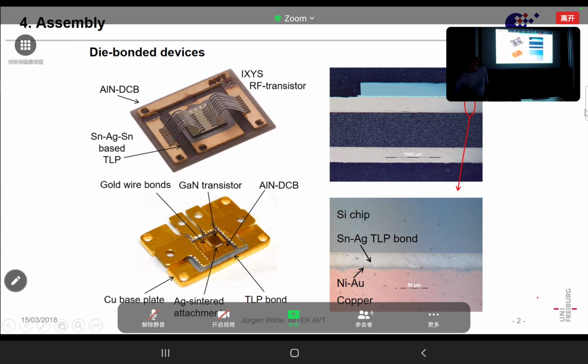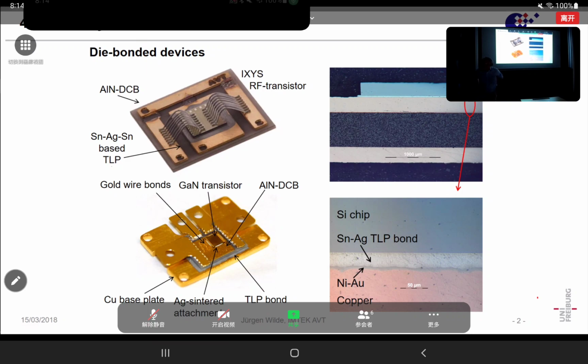One is to mount chips onto substrates, and in that case, it's mostly bare chips. We have already seen that it is necessary when we accomplish packages where we have a lead frame and a chip is attached, and we didn't go into the details of that technology too much.